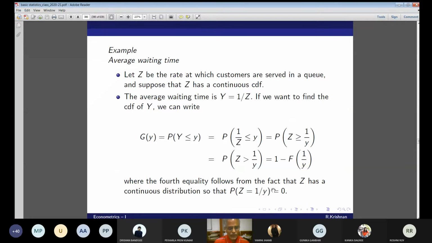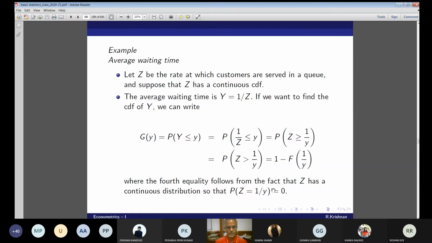Look at this, average waiting time. Z is the rate at which customers are served in a queue.